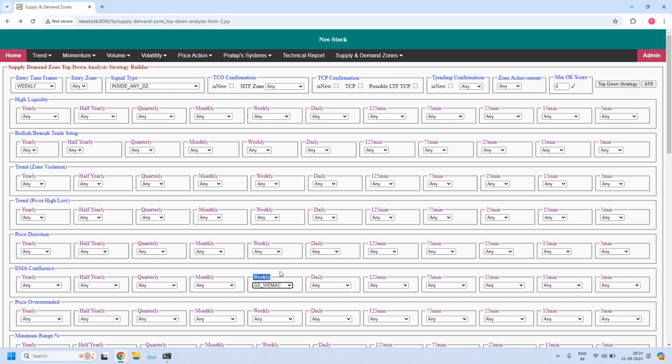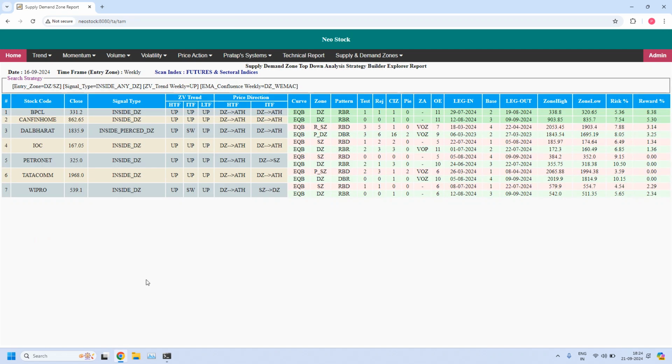But the trend should be an uptrend because it is a demand zone. So in the zone violation trend, for the weekly time frame I selected the uptrend, and these weekly zones also have weekly EMA confluence. All these parameters are high probability setup parameters. See, now the list is 7 stocks.